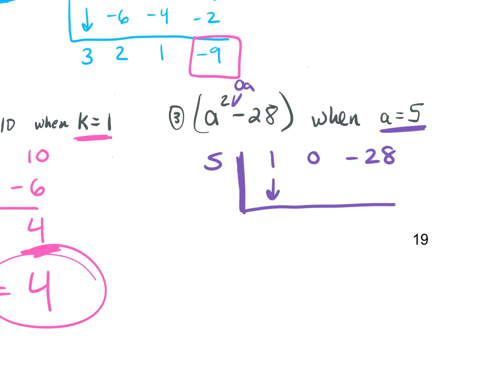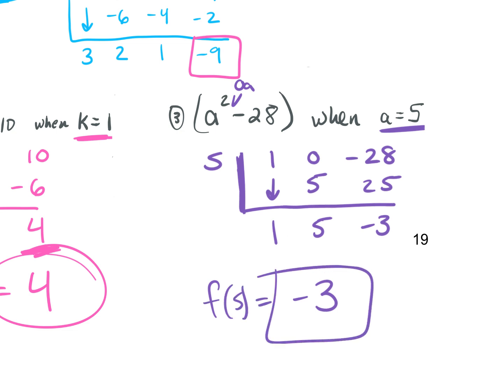We're going to drop down the 1, multiply, we get 5. Add, this would be 5. Multiply, 25. What's -28 plus 25? -3. What would our answer be? -3. So f of 5 would be -3.